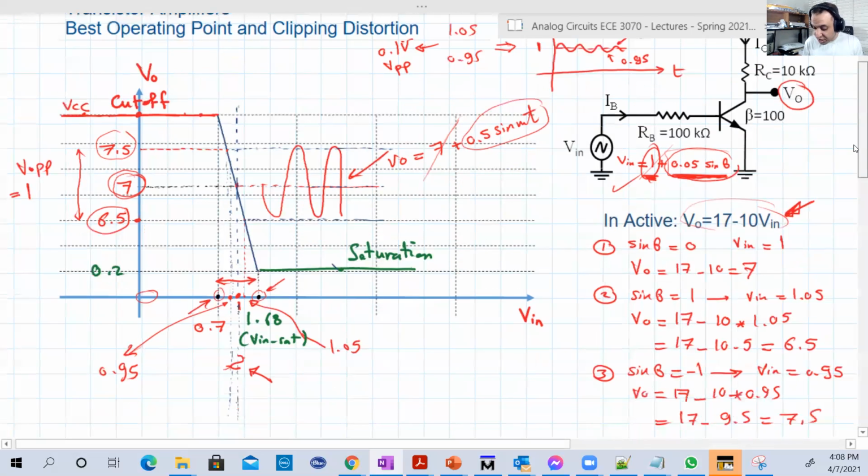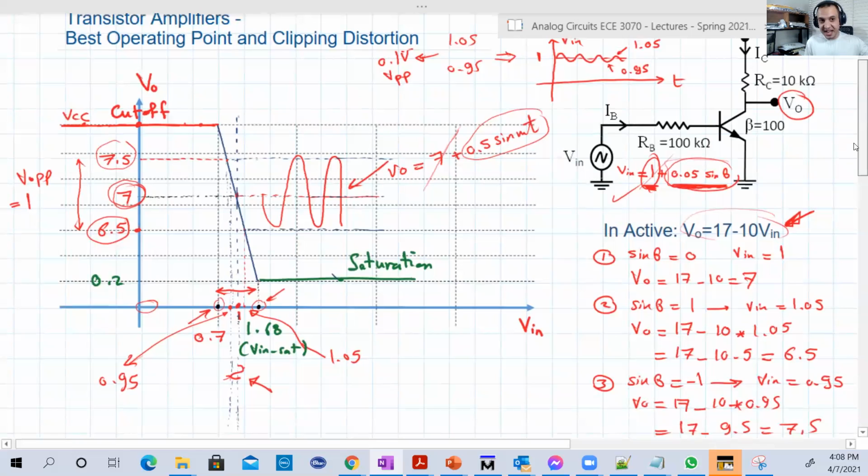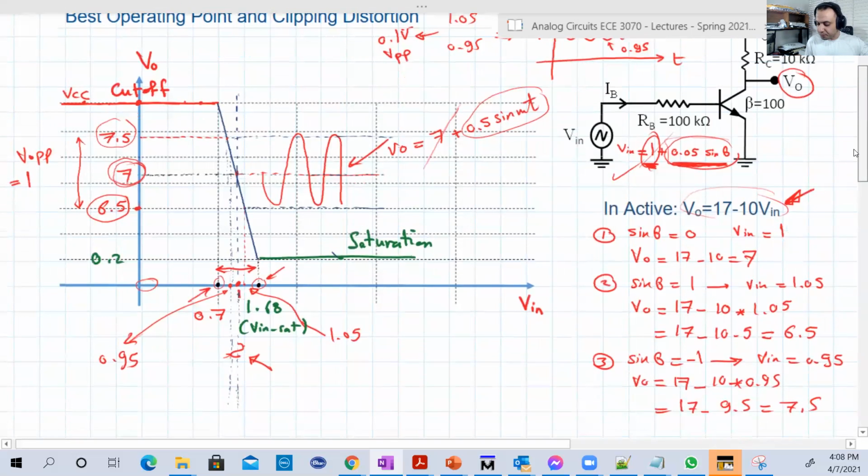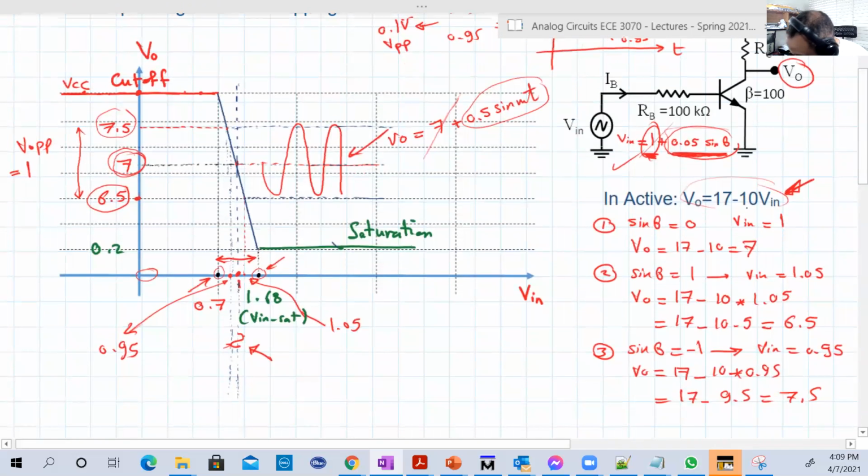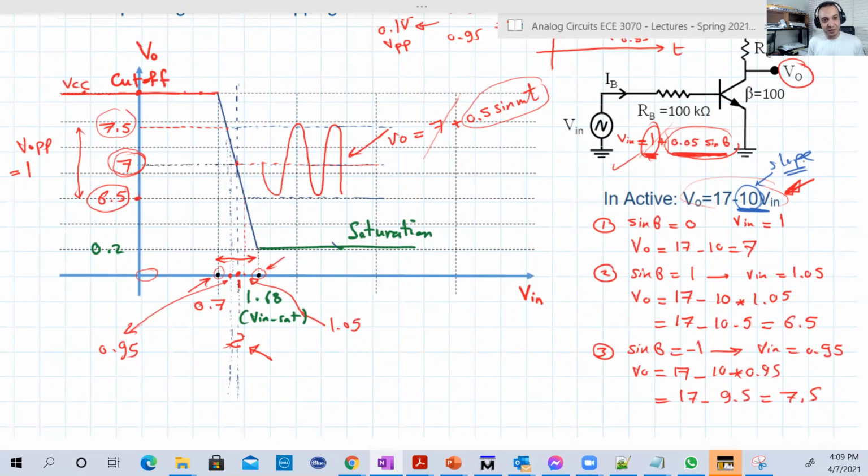We want to operate in the active region, to have this amplification. This is basically the amplification. The 10 times comes from here, from the slope. That's why we want to operate in the active region. So we take the slope 10, and this is basically what happened. We amplified the 0.05 to 0.5.